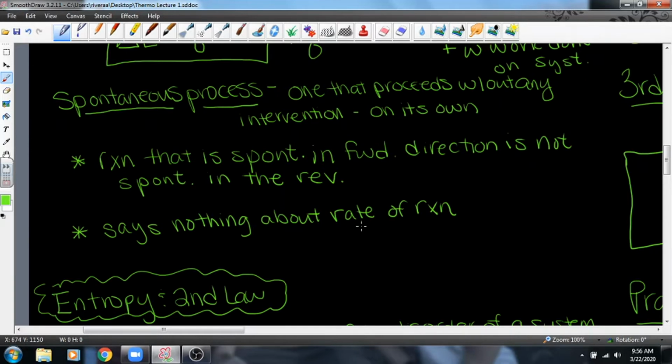So rates are totally separate from spontaneity. However, spontaneity will relate to equilibrium, but it's not going to relate to rate. I'm just checking my notes to see if there's anything else I wanted to talk about with regard to spontaneity. I think that was it.